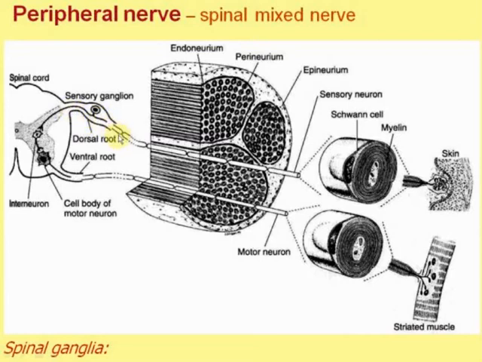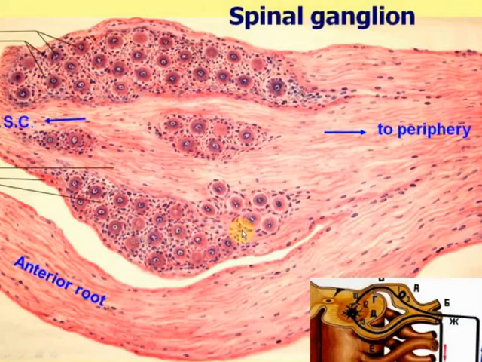The dendrites go into the periphery, receptors, and axon forming the posterior root and connected with intermediate neuron of posterior horn of spinal cord, or directly with motor neurons. Spinal ganglion is also a parenchymal organ, so it consists of stroma and parenchyma.